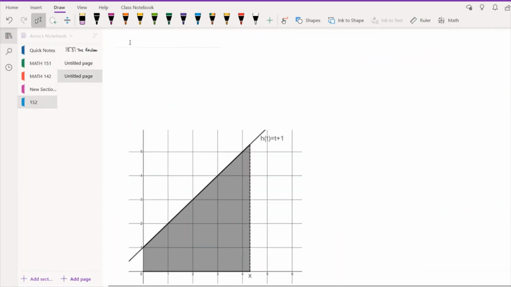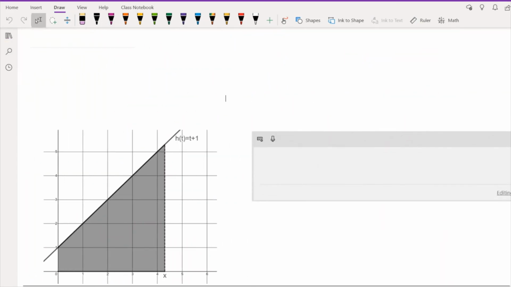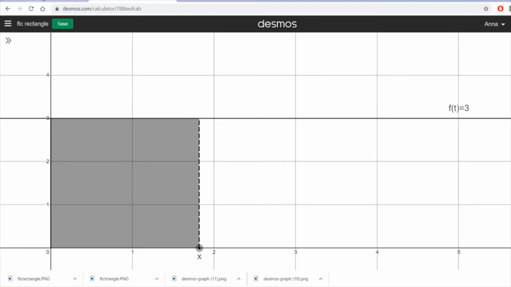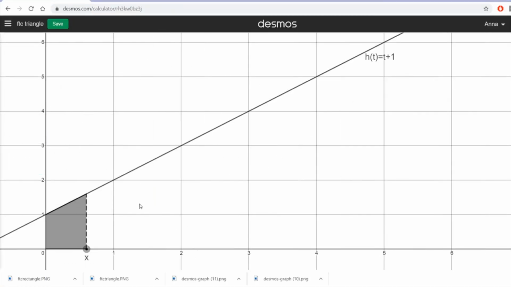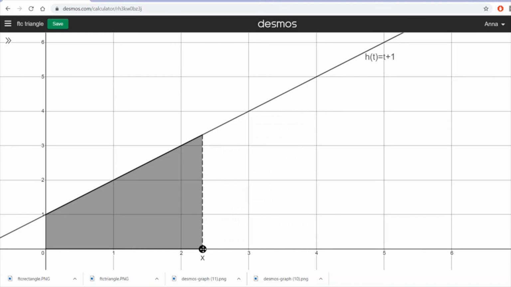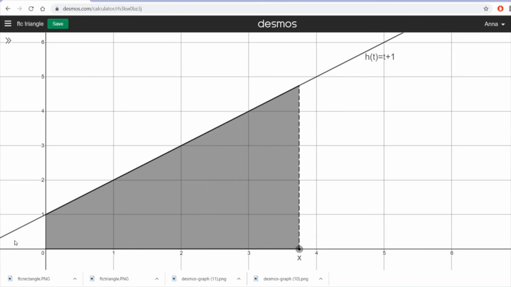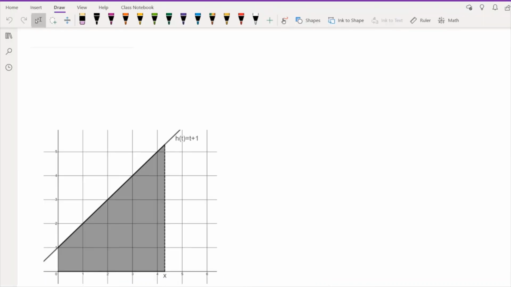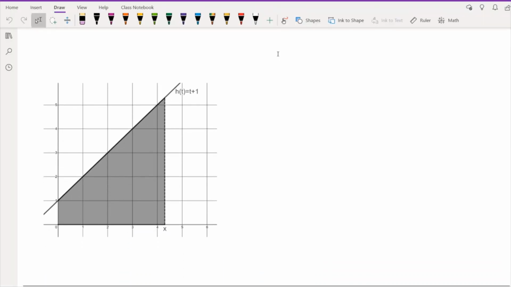Okay, so let's look at this next example. And this one's a little bit trickier. But again, we have this situation where we have an area function where we are picturing x as being the right endpoint. So we're sliding this second point along and seeing what is the area of this resulting shaded region. So in this case, our function is h of t is equal to t plus 1.